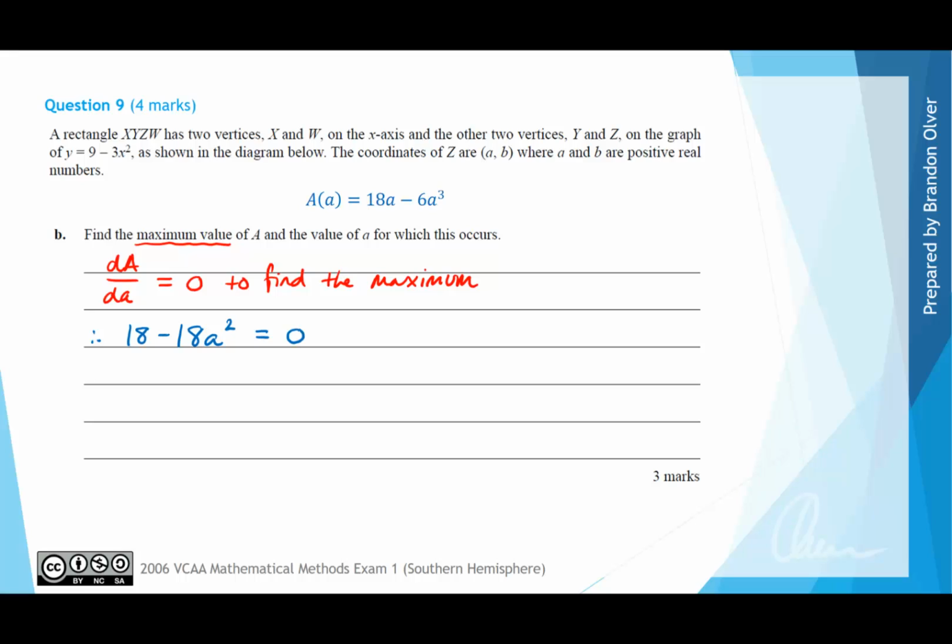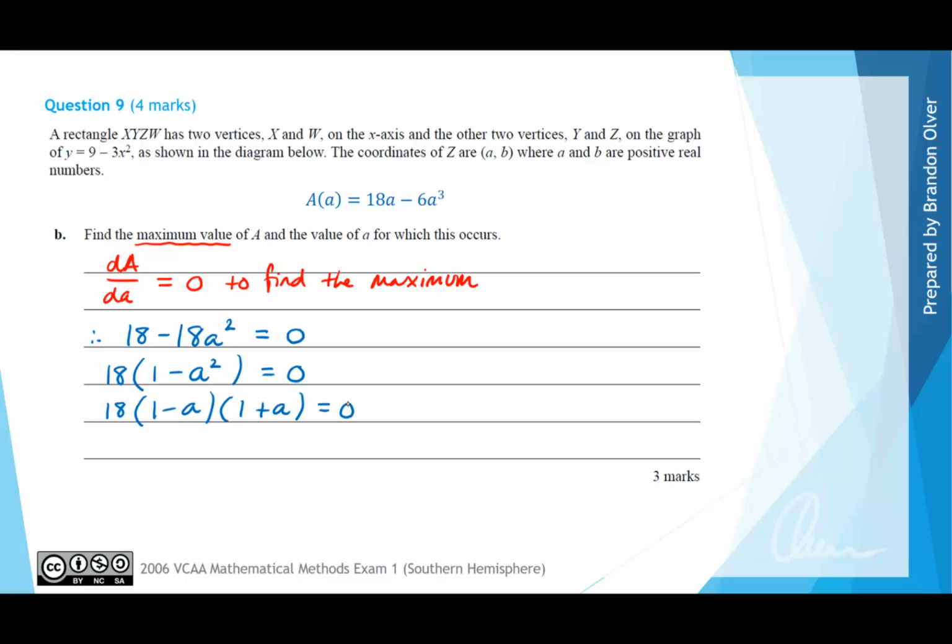We set that equal to 0, and to solve this, we're going to factorize it. We take 18 out as the highest common factor, and we're left with 1 minus a squared equals 0. Recognizing that the bit remaining inside the brackets is the difference of two squares, we can write this as 18 times (1 minus a) times (1 plus a) equals 0.